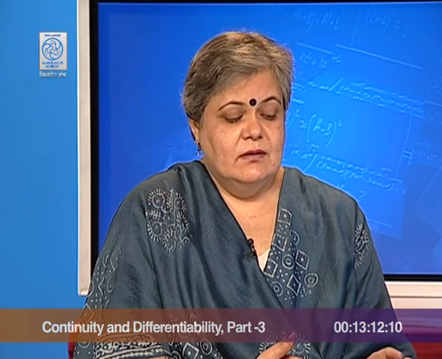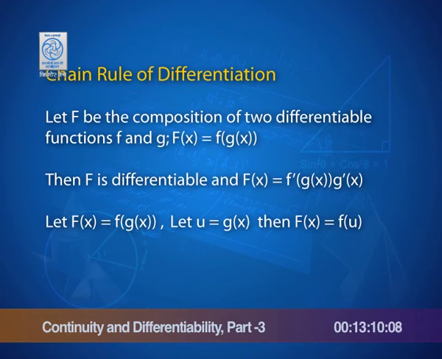Sounds confusing. Let us take another look at the same definition restated. Suppose capital F is the composition of small f and g, and let us call u to be g of x. Try to relate it to the picture that you had seen a minute earlier. Then F of x is f of u, right?